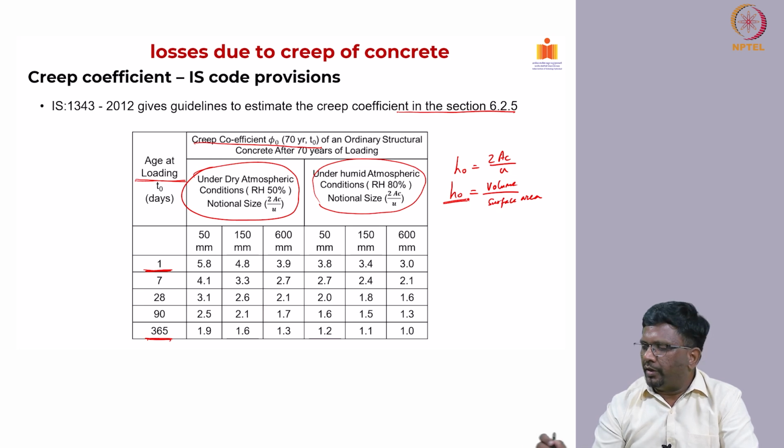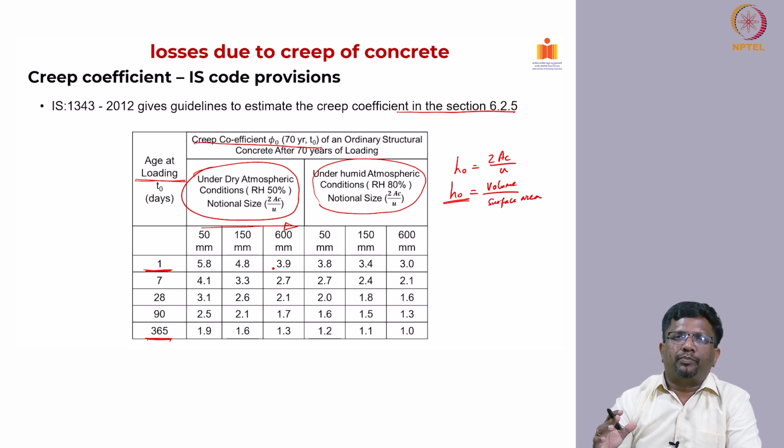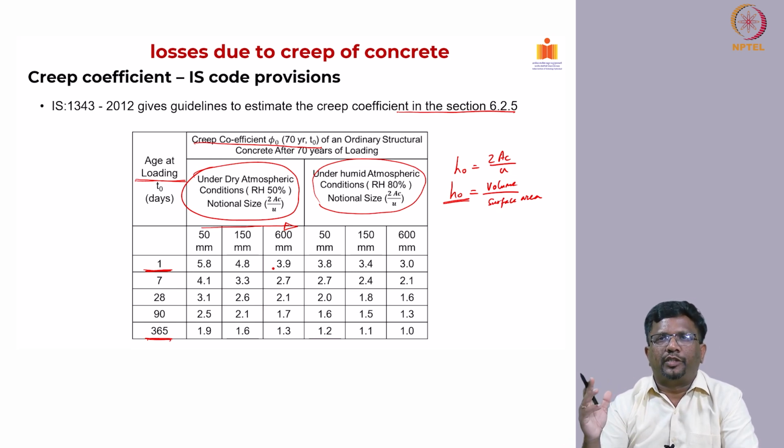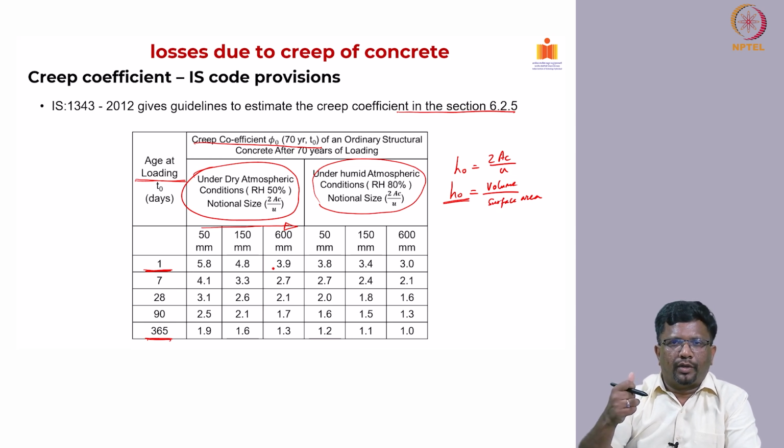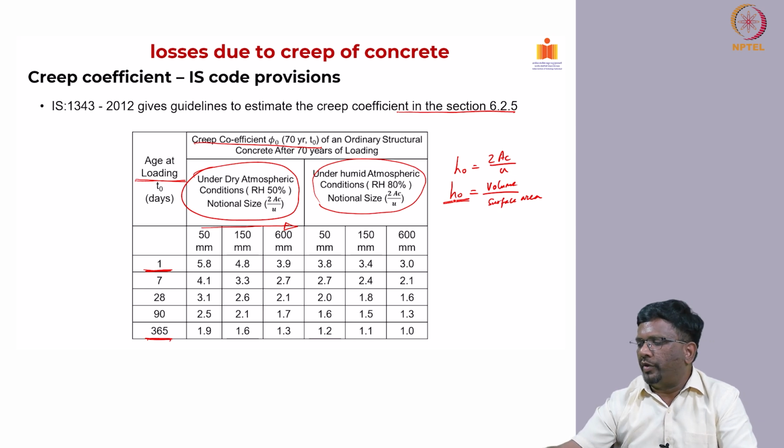Now you can see here that the volume is at the top, so when H0 is getting more and more, your creep coefficient will come down, right? For a particular volume, if my surface area is more, then the creep will be higher. So when will the surface area be more? When H0 is less.